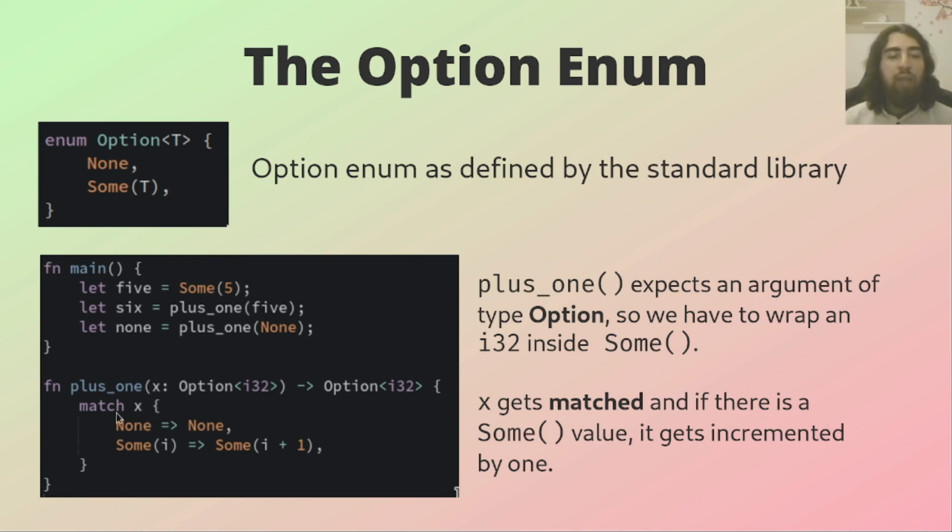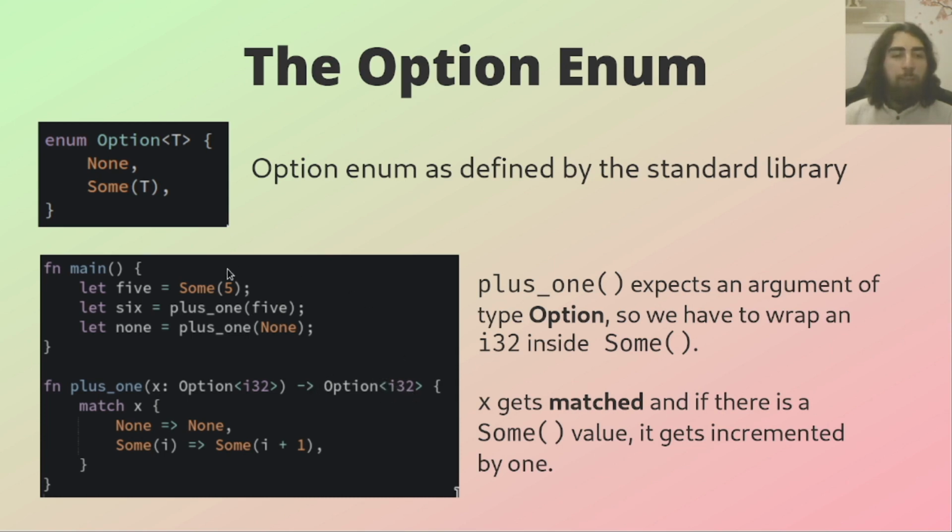Now then we are matching this argument over here. If it is holding a None, we will return None. If it is holding a Some, then over here we are destructuring the value wrapped inside this Some variant into the variable i. And then over here we are incrementing i by 1 and wrapping it in a Some, because as you can see, the return type over here is defined as Option i32.